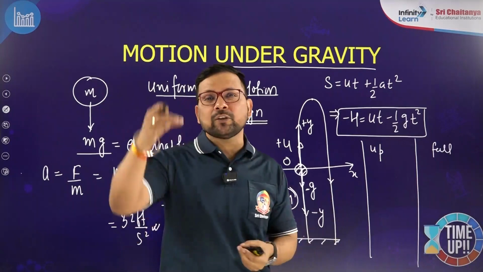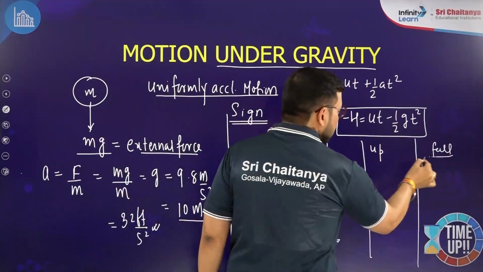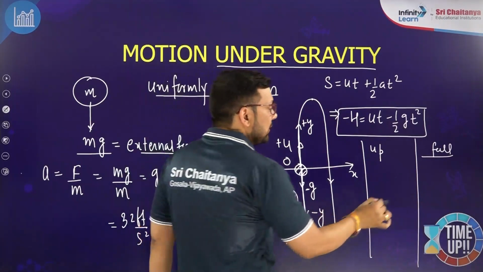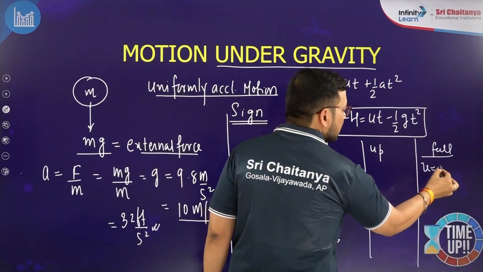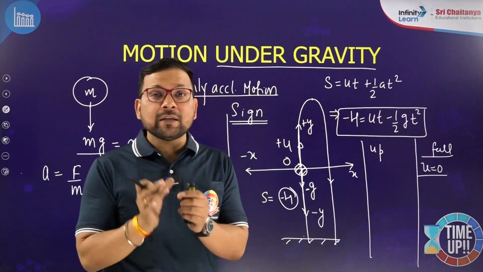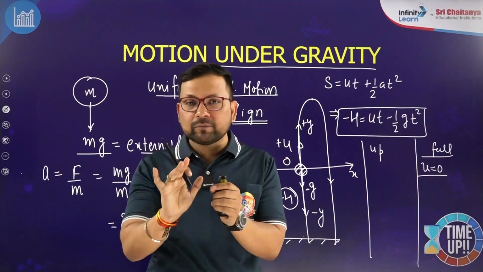Some other question where you are releasing a ball or dropping it from some height. In fall, there is one thing that is very, very important to revise. In general, when fall is coming, we are tempted to take initial velocity equal to 0. But that is not always true. You have to understand the initial velocity during fall. That is the most important part of the question.